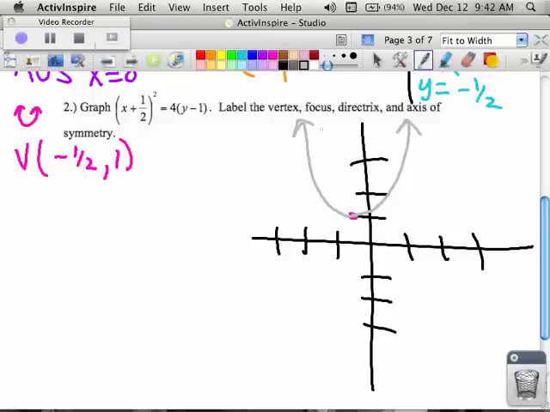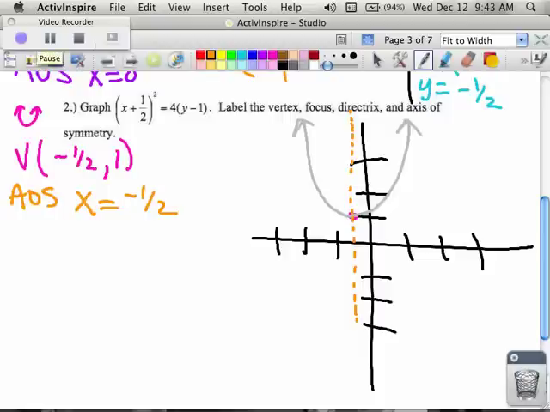Next, after I find my vertex, I like to find the axis of symmetry. The axis of symmetry will always go through the vertex, and it's where you can fold your parabola in half. It is an equation of a line. In this case, my axis of symmetry will be x equals -1/2 because that is the x-coordinate of the vertex.